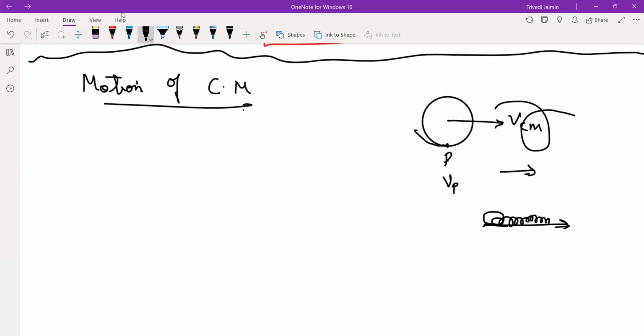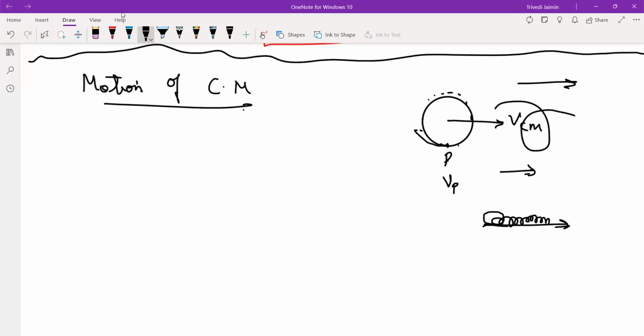So in general, each particle has a different velocity, right? They won't be fixed, but the overall velocity will be in this direction, which is VCM. So I can say one more thing.